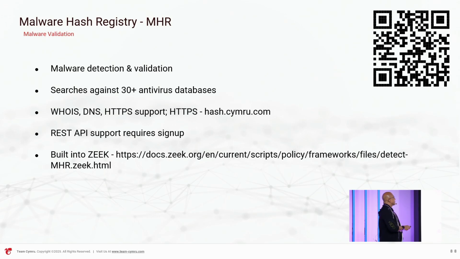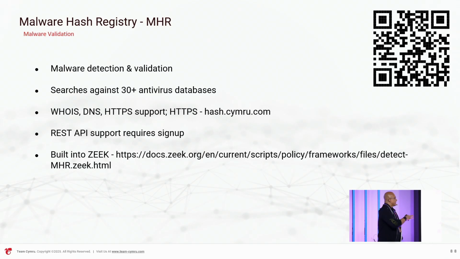So, malware hash registry. We process a lot of malware. We do a lot of data exchanges with the AV companies, so they provide malware to us. And we make the detections of malware hashes available to the community.